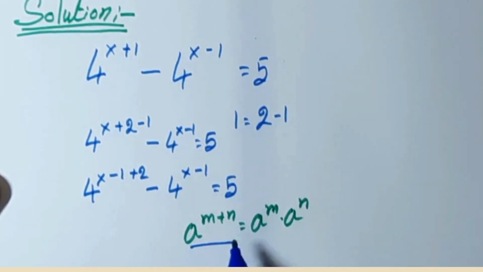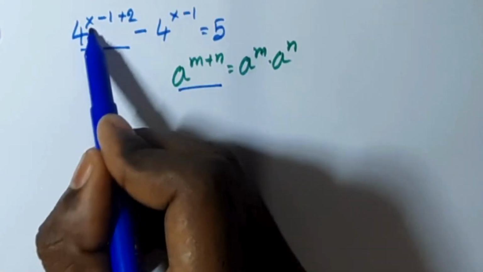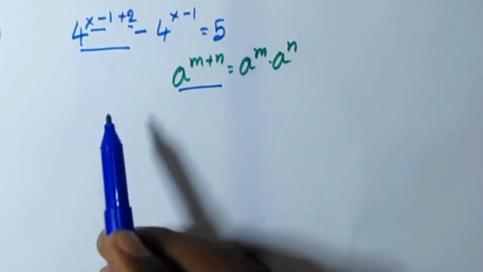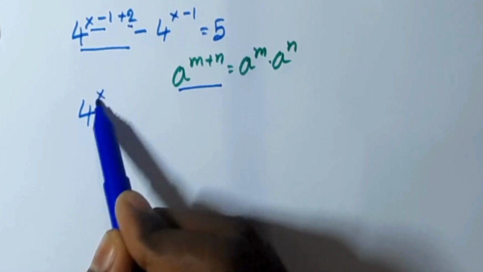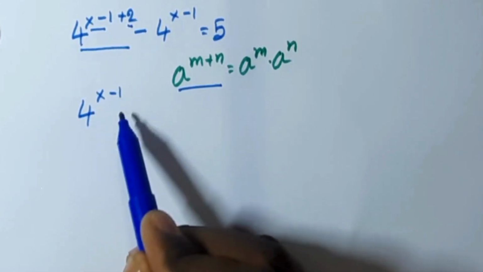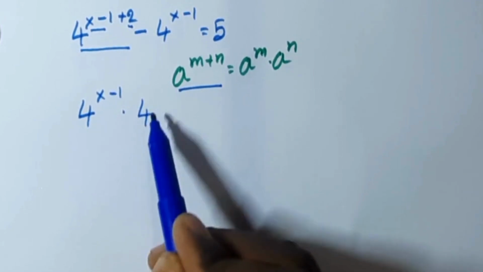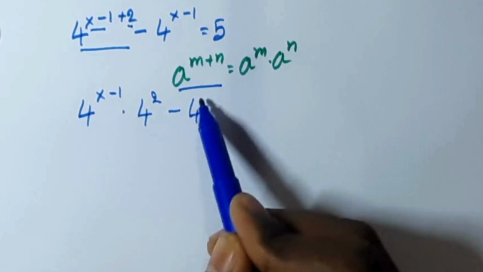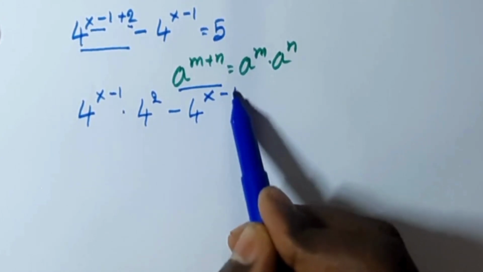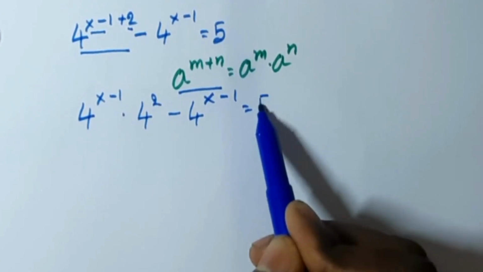We are going to apply this here. This is m and this is n. So 4 power x minus 1 into 4 power 2 minus 4 power x minus 1 equal to 5.